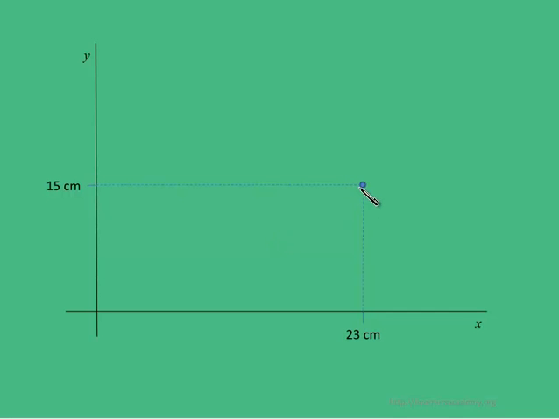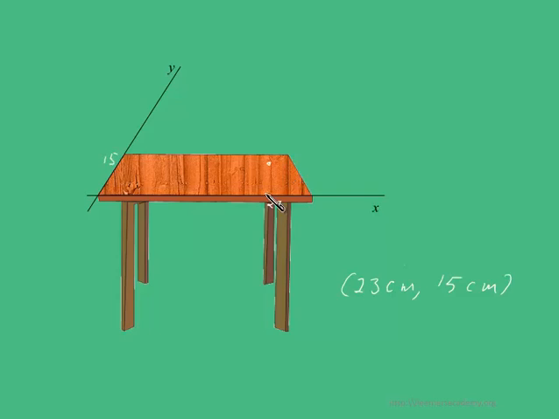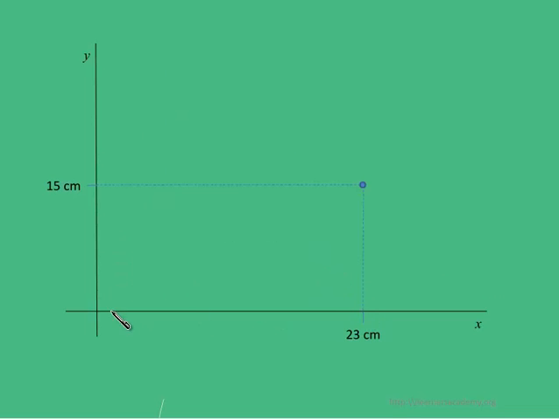When you read the problem, you decide to represent it like this, and of course it would then be perfectly clear in that situation. So this could be a point, let's say, on the surface of a table that's 23 centimeters from one edge and 15 centimeters from the other edge, like we see here. Or it could be a point 23 centimeters along this edge and 15 centimeters above the table, as we see here.